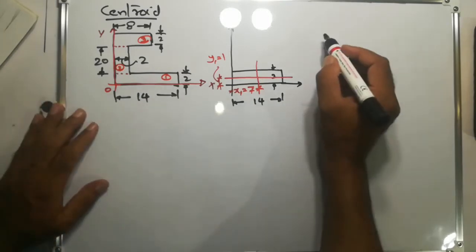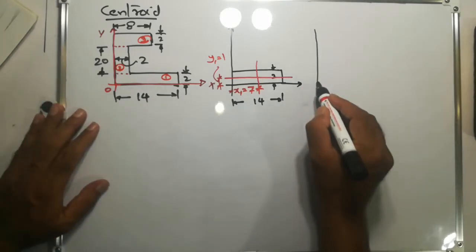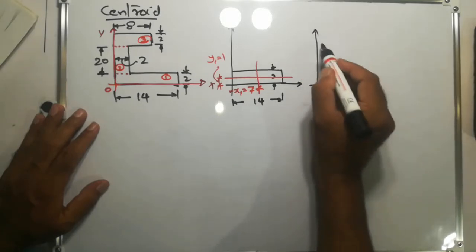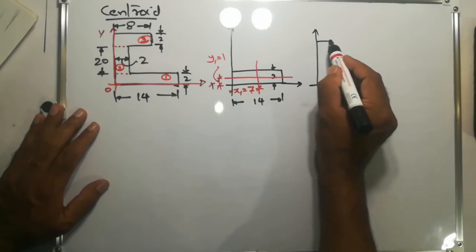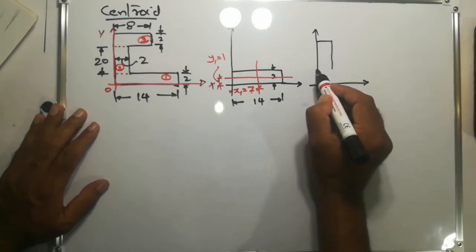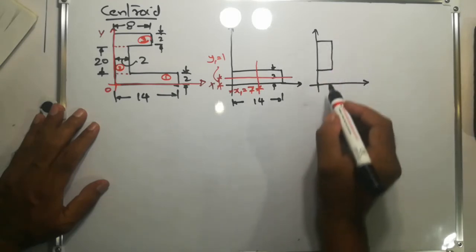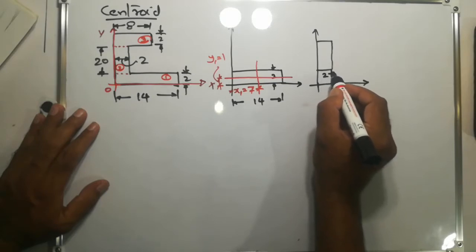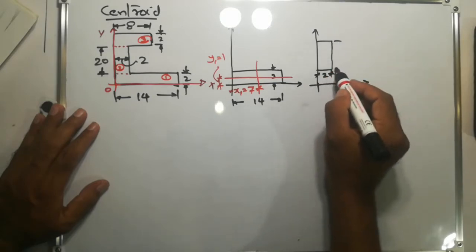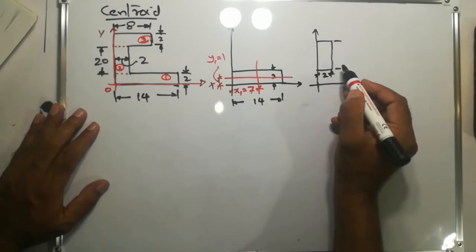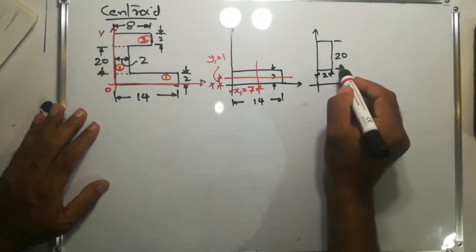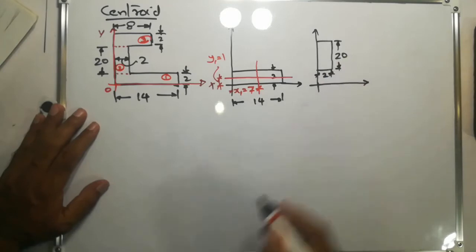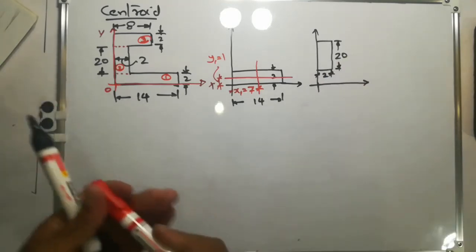Then for the second rectangle, we have it like this. This distance is 2, and this distance is 20 centimeters. Now how to find out the centroidal distance from the reference axis?